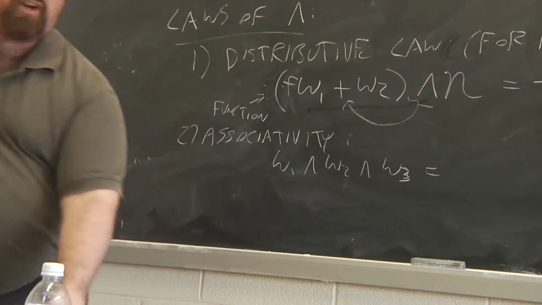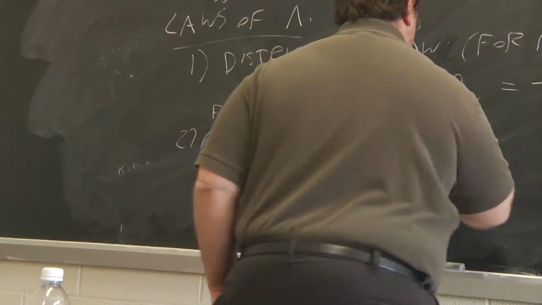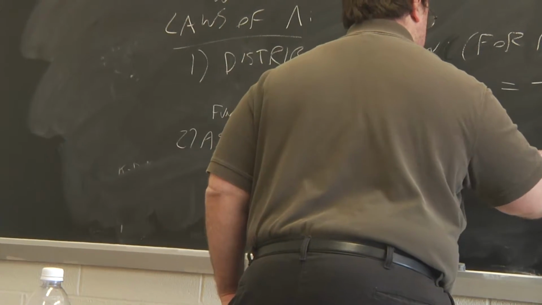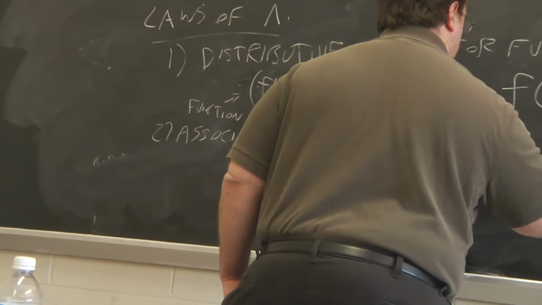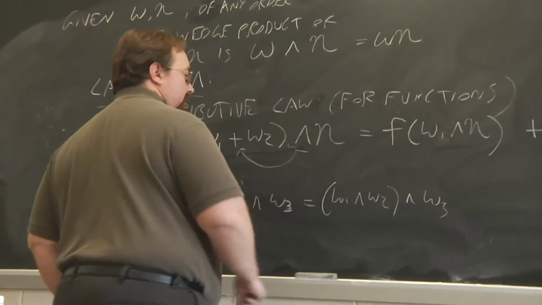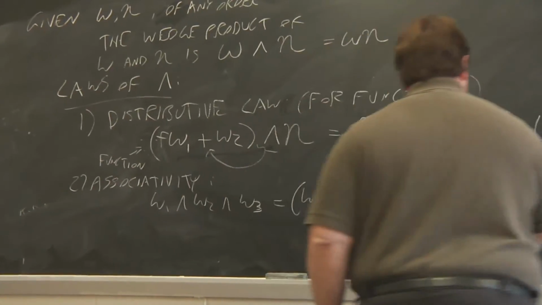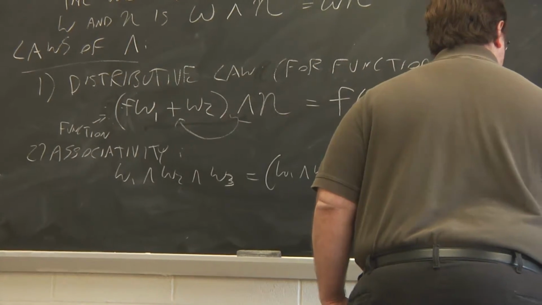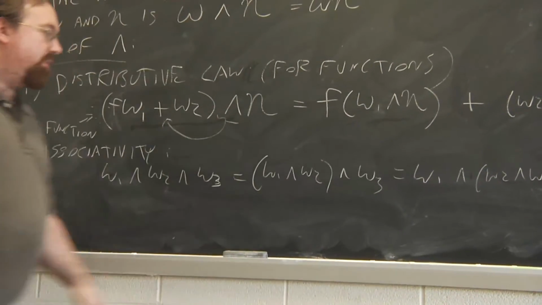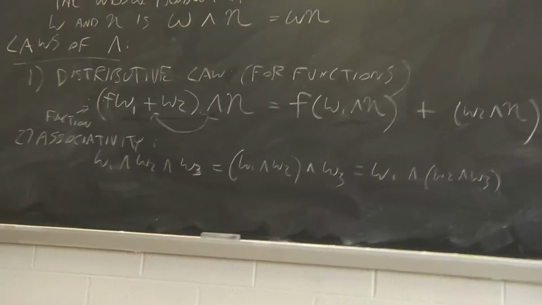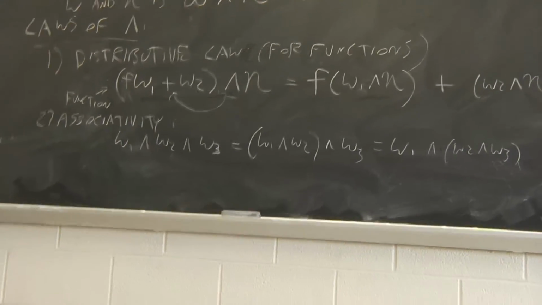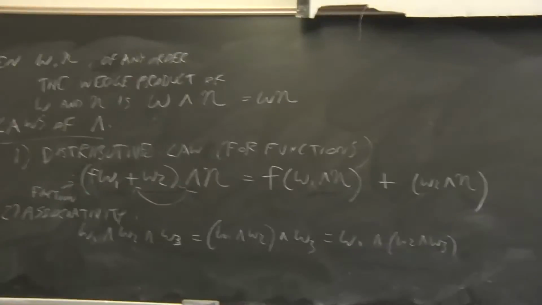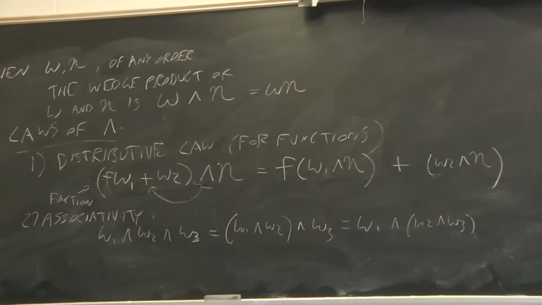You have to be careful about that. But you can take a product of the first two and then work a third one in, or you can take a product of the last two and then pre-multiply it by the first one. So the usual associative law applies.